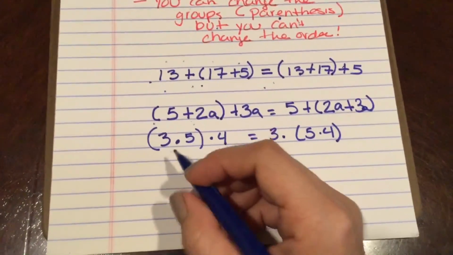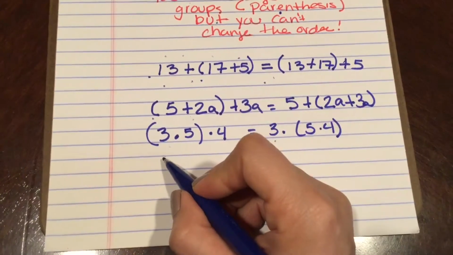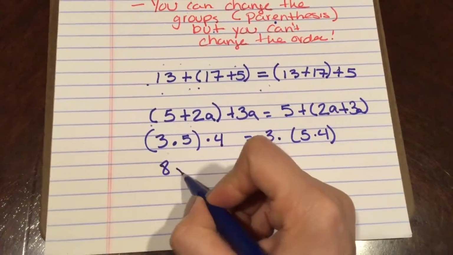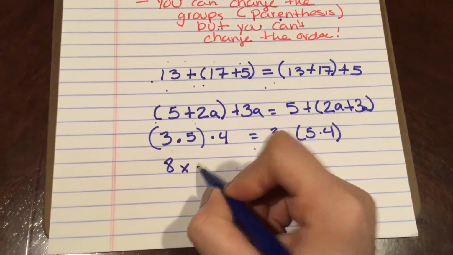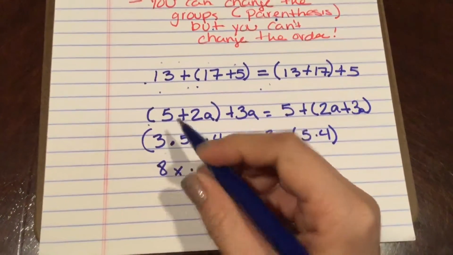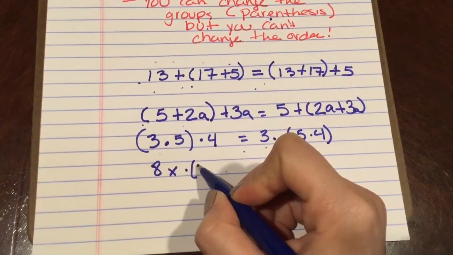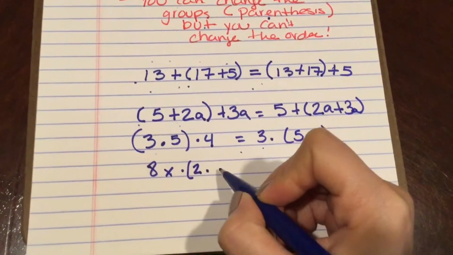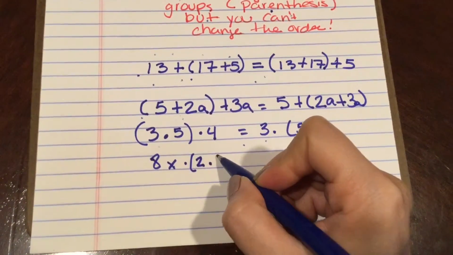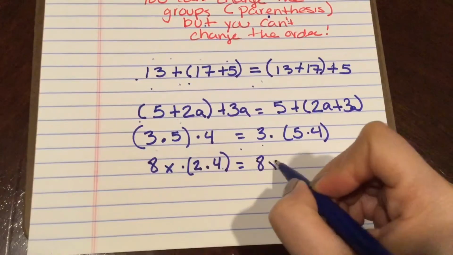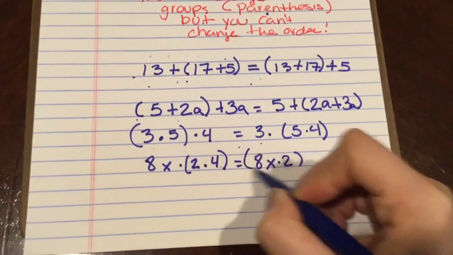All right, here's another multiplication example. So what if I have 8x times 2 times 4, not a great example, I'm sorry. Wouldn't it be easier to do 8x times 2 times 4?